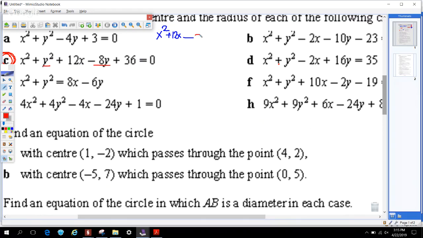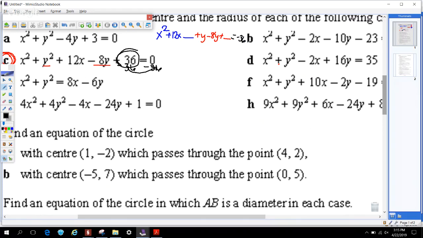I've got y squared minus 8y, and then I leave a space. And then the last step is you take whatever this number is, in this case it's positive 36, and you bring it to the other side. So the opposite of adding 36 is subtracting 36. So this is going to equal negative 36.